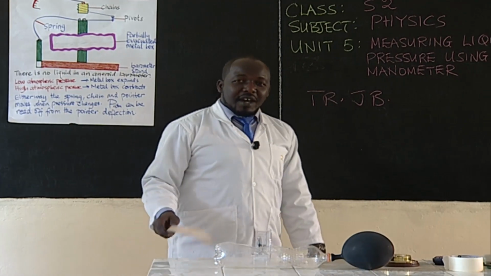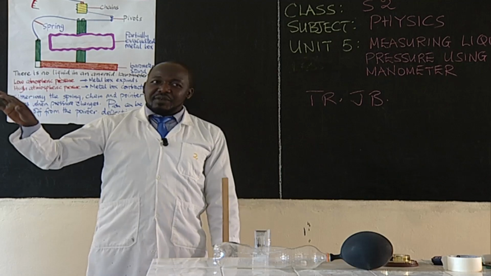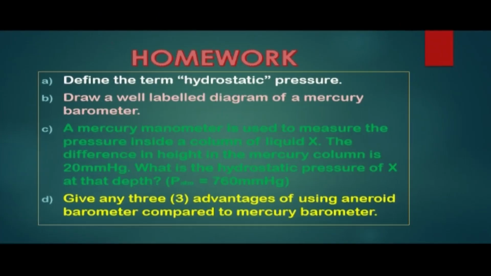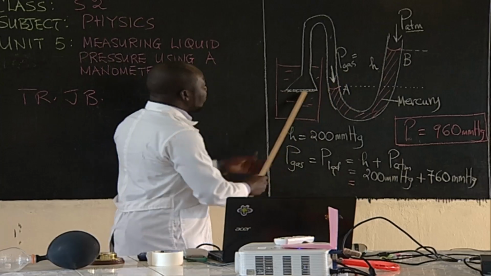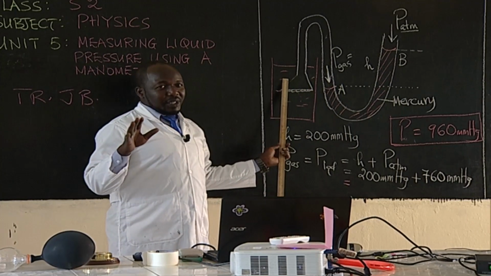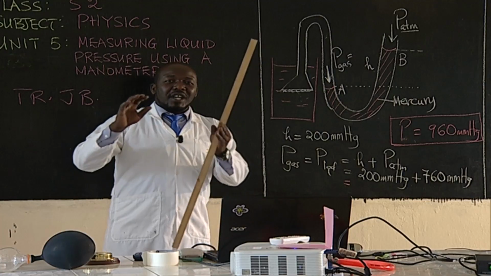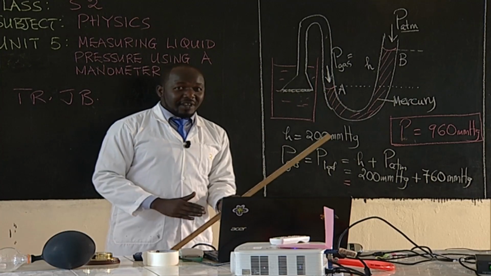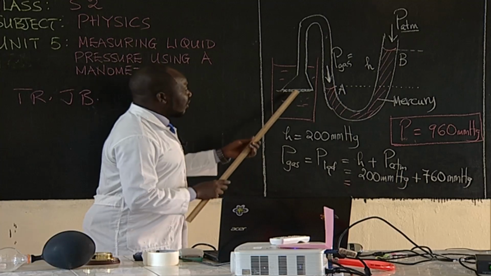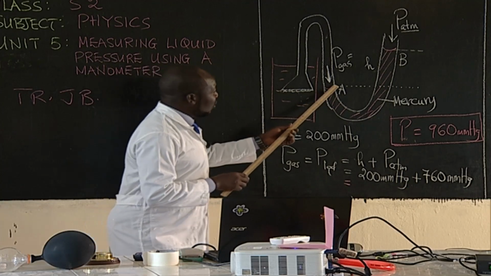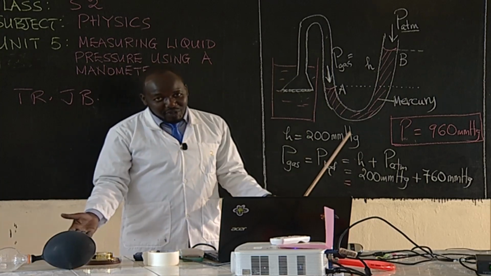One, we were able to discover today, using the other video that we looked at, that you can actually use a manometer like this to measure the liquid pressure, which we call hydrostatic. Static means liquid which is not moving. So we call it hydrostatic pressure using a manometer. So if I want to know the pressure, I just need to look at the difference in height. So we have been able to look at that.